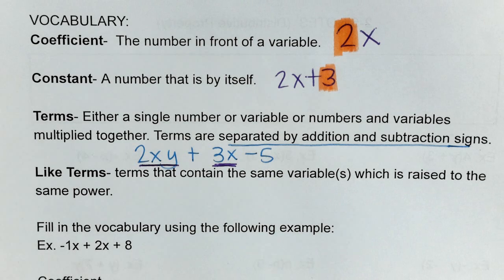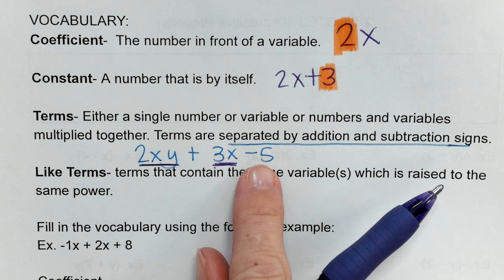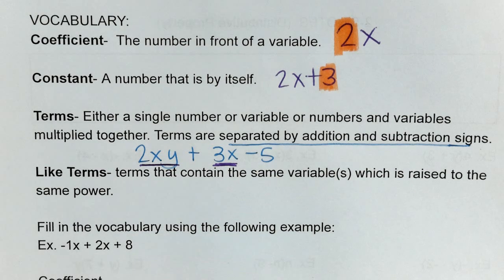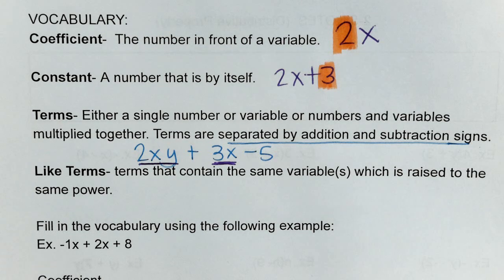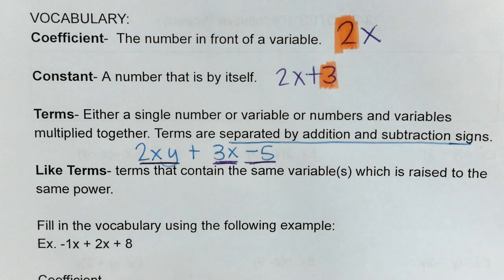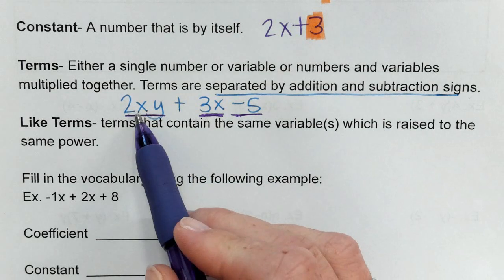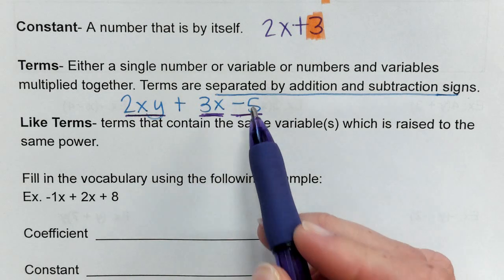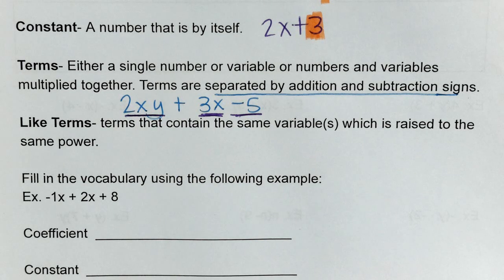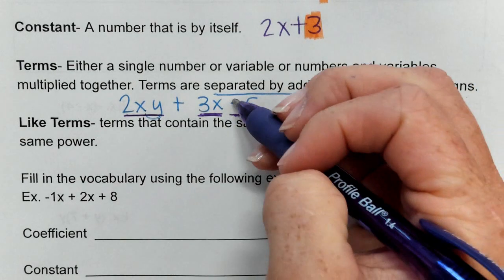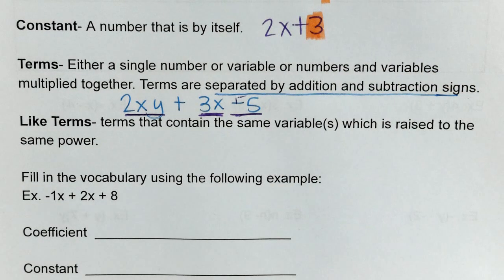What kind of value does that 5 have? It's a negative 5. Now, I wouldn't say it's a minus negative. I would say it's a negative 5. It has a negative value. Make sense? There are 3 terms in that problem. 2xy, positive 3x, and negative 5. If you're ever confused, change the sign, and it'll tell you what it is.